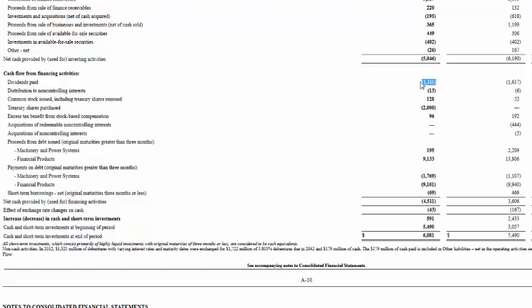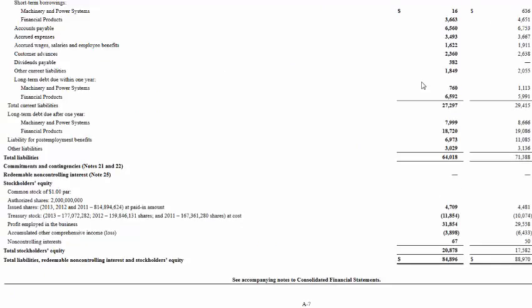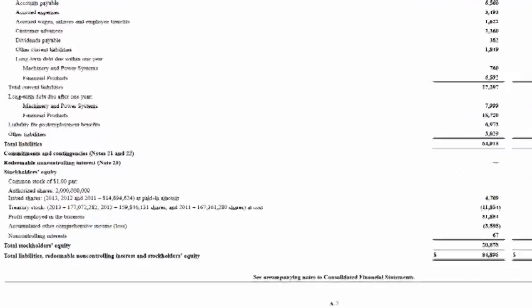So that's giving them a little bit more room in which to expand their dividends per share because there are fewer shares out there. And at the same time, going back up to their balance sheet, they're buying back treasury shares, which are these negatives right here.